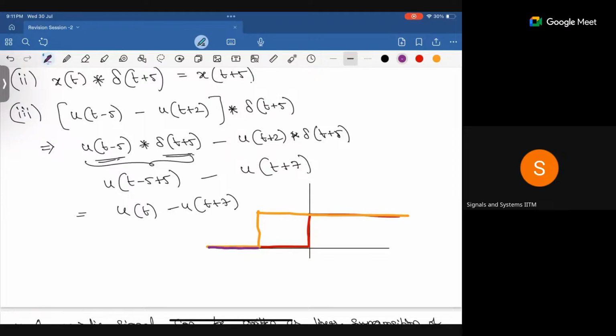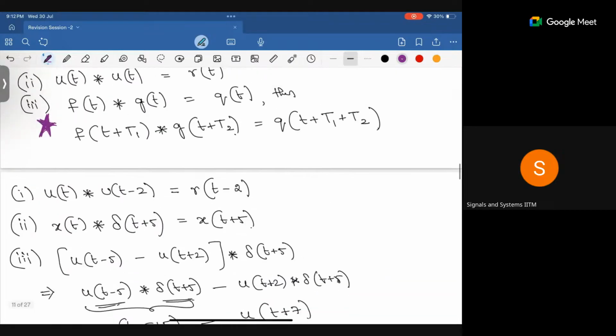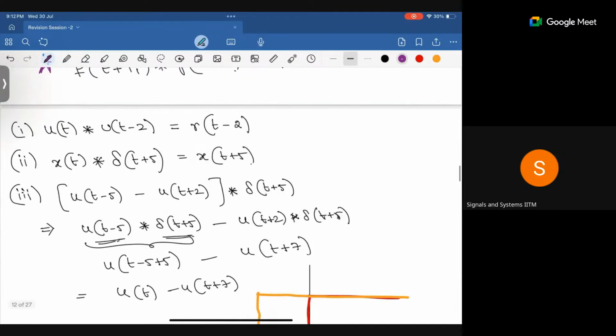This will be 0, since 0 minus 0 is 0. Then 0 minus 1 will be minus 1, so it will just go to minus 1. And then 1 minus 1 will be 0. So this violet one is our signal. Right. So that's it. Convolution properties help us to simplify.